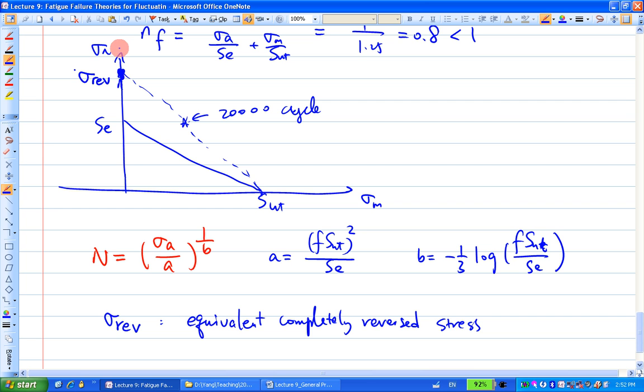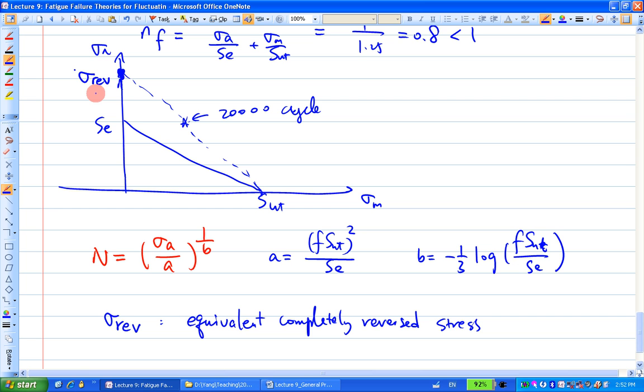Because on this axis, your sigma M is 0. So this point will have the same kind of damage as this point here. That makes sense? So if you subject your parts to a combination of sigma A and sigma M like this, theoretically it will have the same kind of damage as subjecting the parts to completely reversed cycles with the value of sigma REV here.